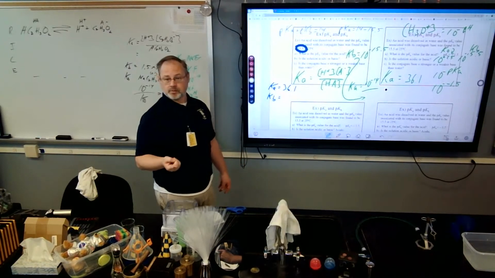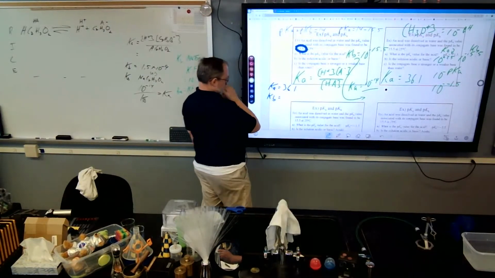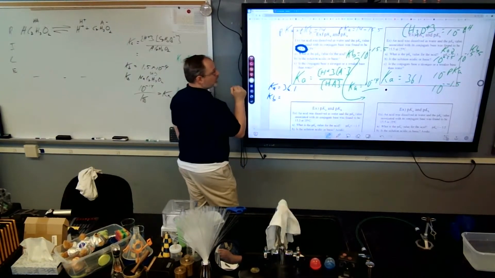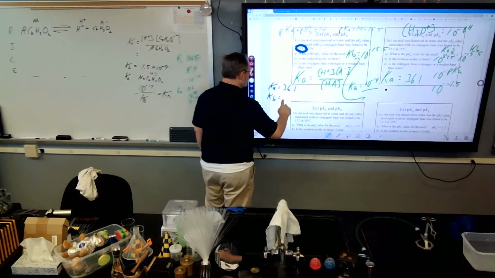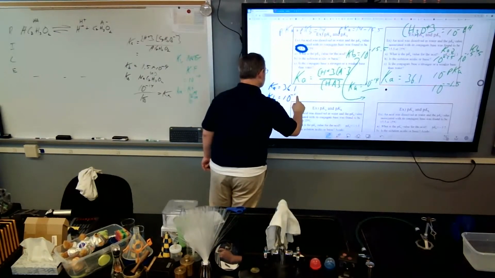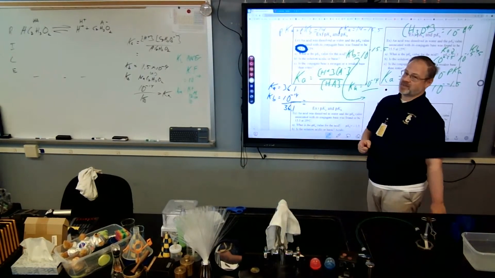So far, so good. Again, the acid is very robust, which means its conjugate is going to be very feeble. It's just going to be 10 to the negative 14 over that same 36.1, which is going to be teeny tiny.